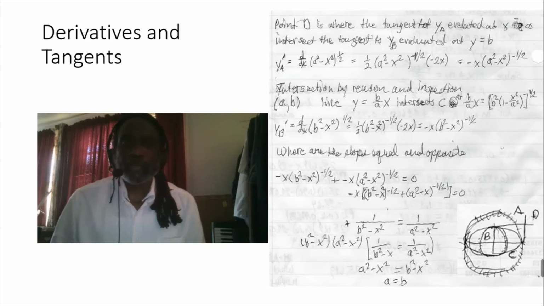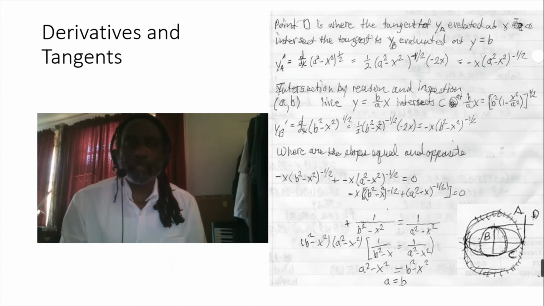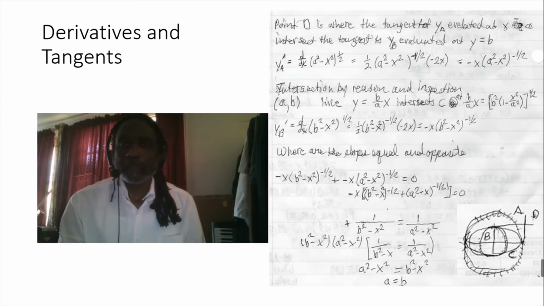I wanted to find the point D where these two tangent lines intersected. And in that direction, I took the first derivative of both circles' equations, y sub a and y sub b. But also by inspection, I could see that when I drew the tangent lines to those circles, they intersected at the point x equals a, y equals b, the coordinate pair.